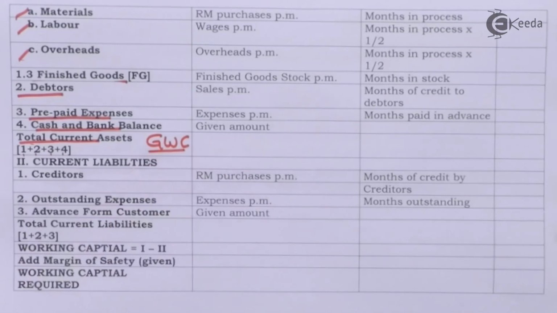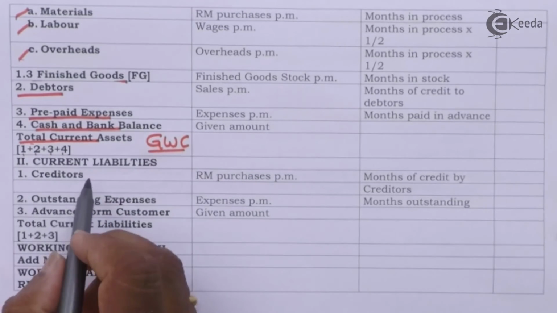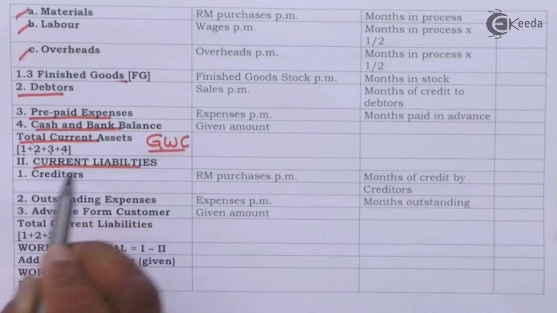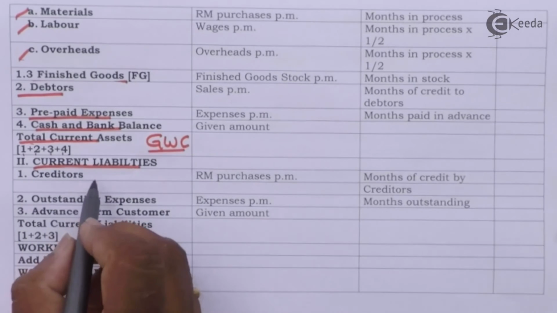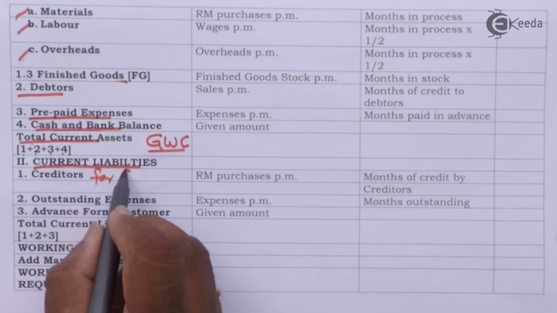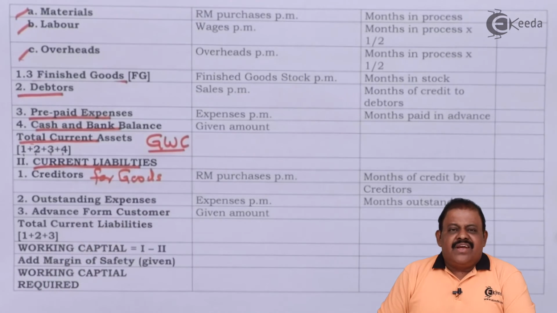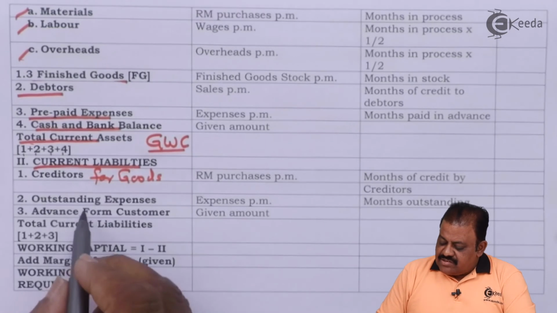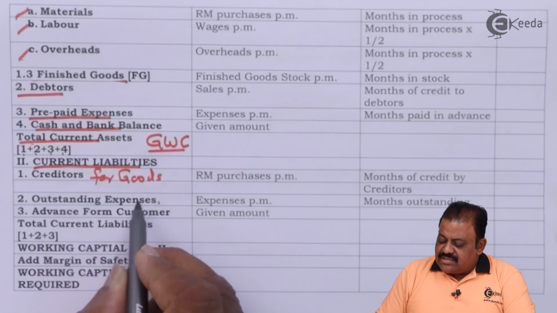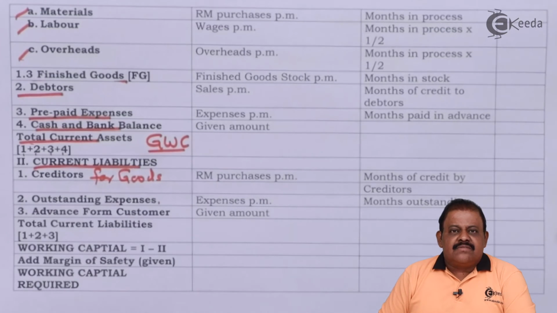gross working capital. Next, we are required to calculate and show current liabilities. Creditors for goods, that we are required to calculate as per our current discussion. Next, outstanding expenses, that is creditors for expenses.